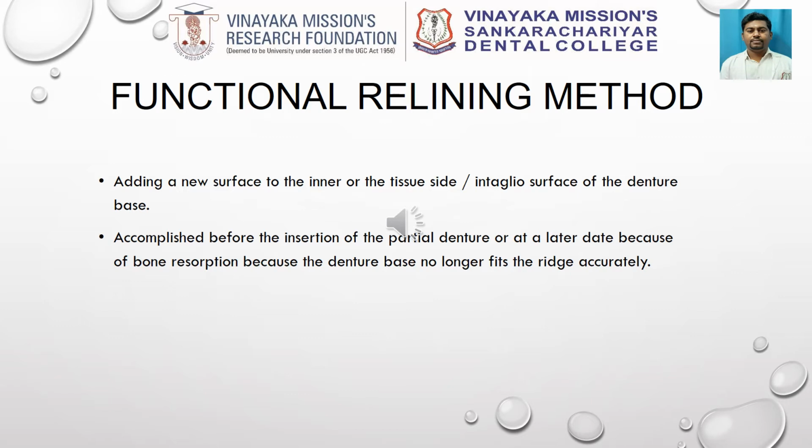So, when this residual ridge resorption happens, there is an improper fit of the removable partial denture. So, after the settling of the resorption, if the removable partial denture is relined afterwards, then it accurately determines the fit, and hence this method is called functional relining method.